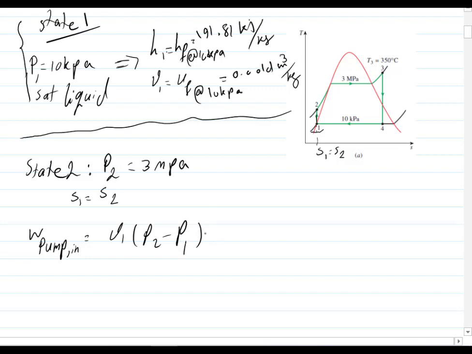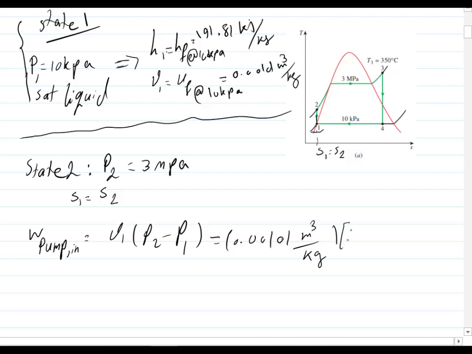Okay, and all of this information in this equation: V1 is equal to 0.001010 cubic meter per kilogram.